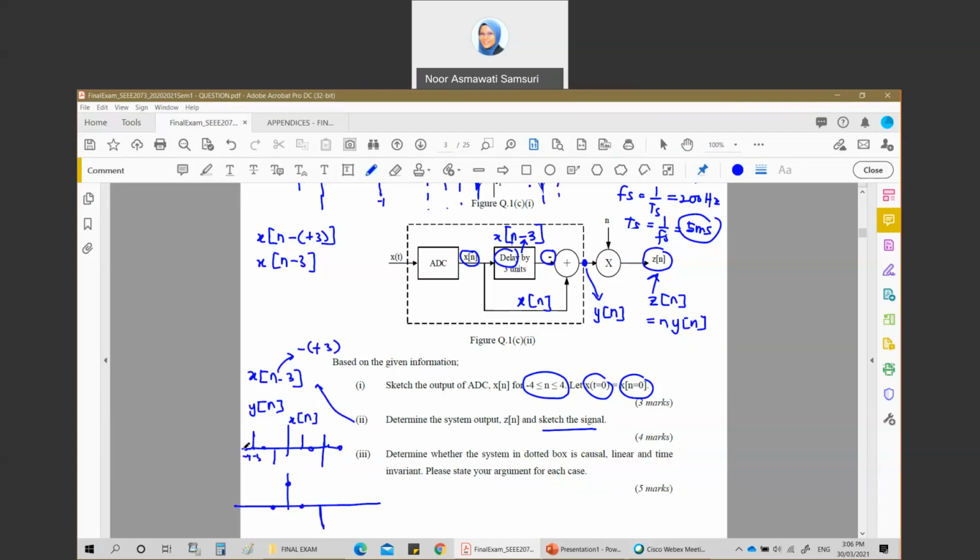Negative 4 becomes negative 1. Negative 3 is 0, 1, and then here is negative 1, 2. Here 1 becomes 4.